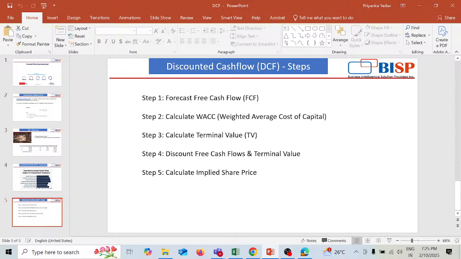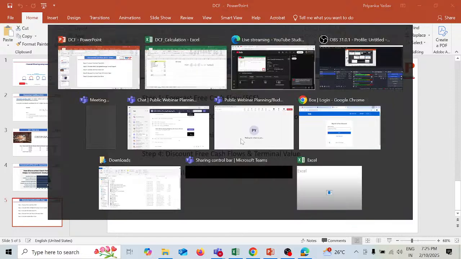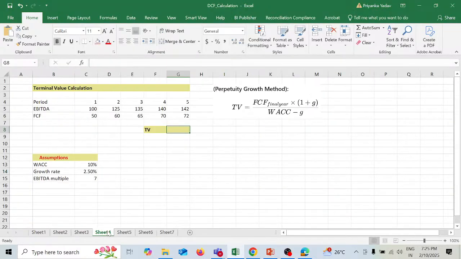If we have forecasted for 5 years, the business doesn't stop at that time. It will be carrying on afterwards also. So we estimate their value beyond that forecasted period, let's say 5 years, using the terminal value. So let's see how this is done in another sheet.